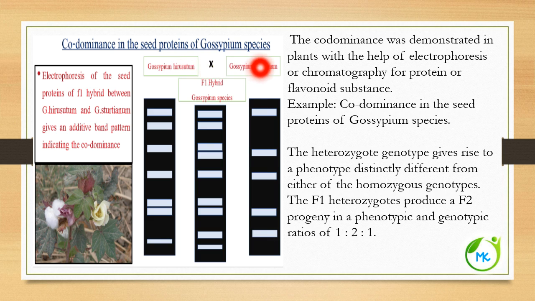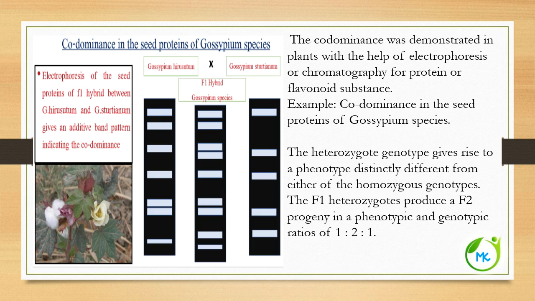Gossypium hirsutum is crossed with Gossypium sturtianum. So it is crossed, and in the F1 hybrid Gossypium species exhibits codominance. So we can see from their banding patterns. So when you see the banding patterns of this cotton plant, you could observe the codominance.